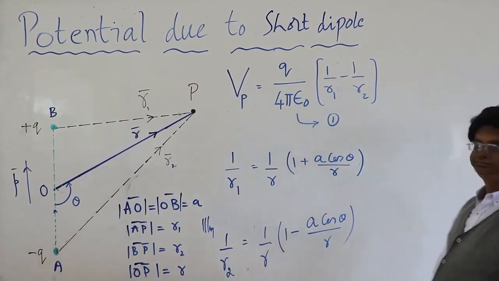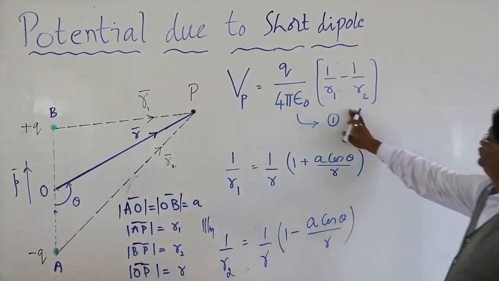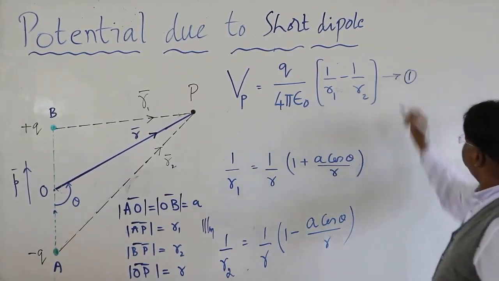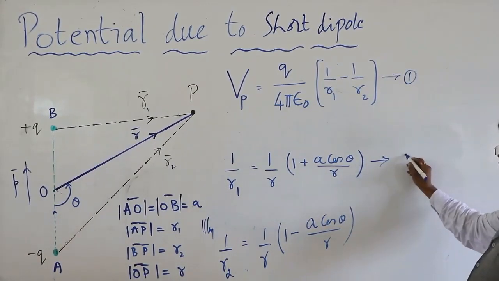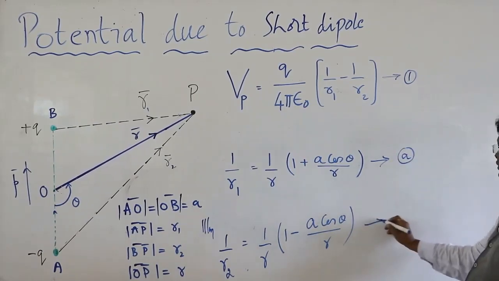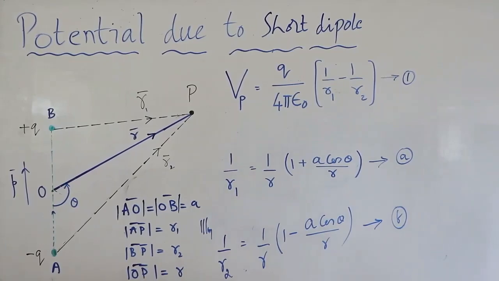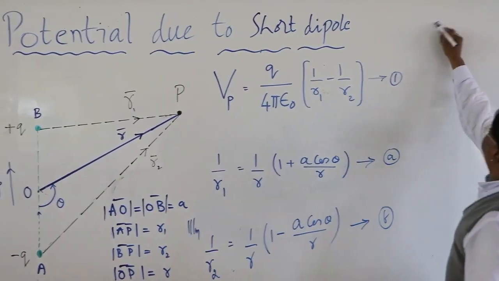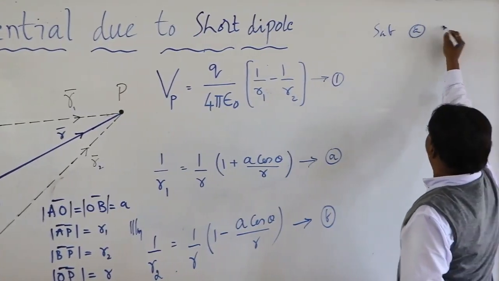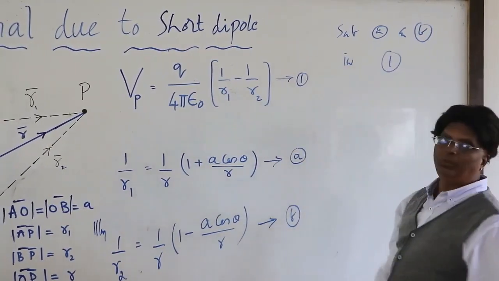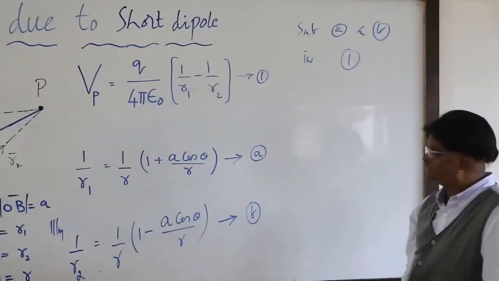Is it not? This is 1 by r1 if you call this equation 1. Yes, this is equation 1. I call these equations a and b, suppose; you can call them 2, 3, whatever it is. Now what I do is substitute the a and b results in equation 1 for the final result.